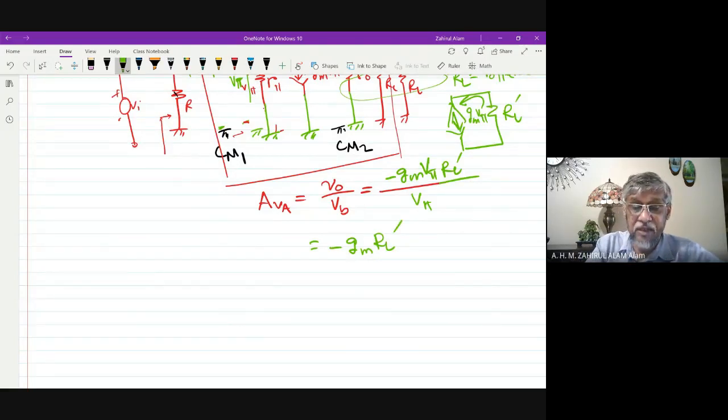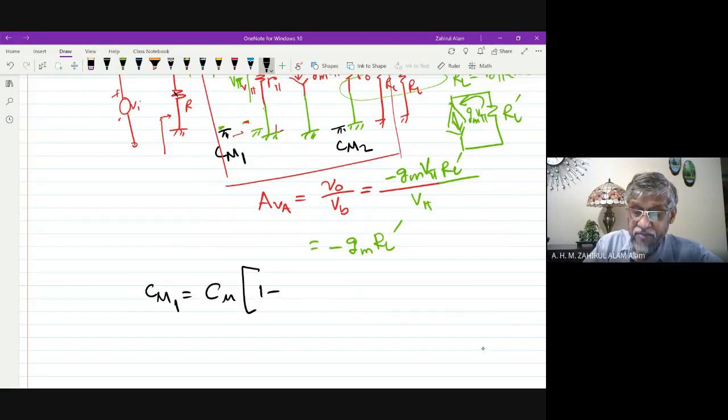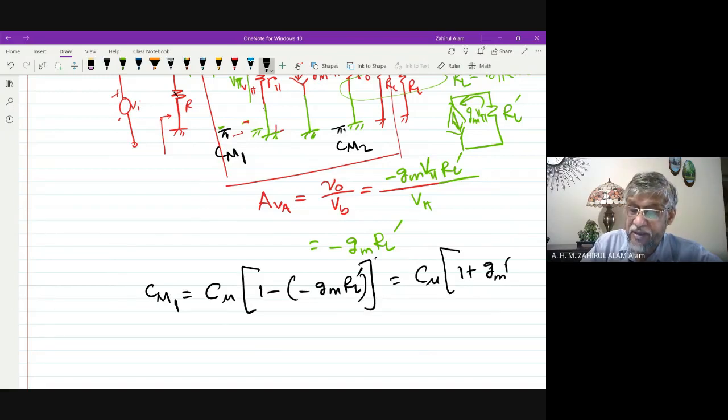Now what is the CM value? CM1 is equal to C mu times 1 minus minus GM RL prime, which is C mu times 1 plus GM RL prime.